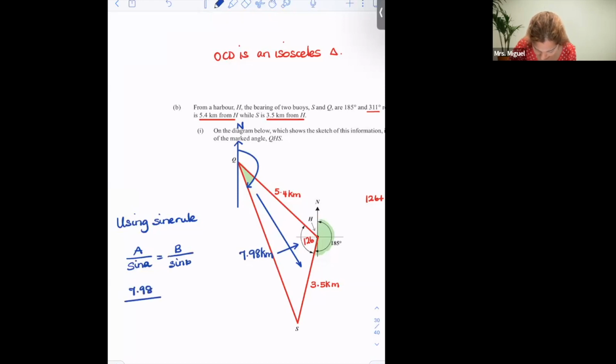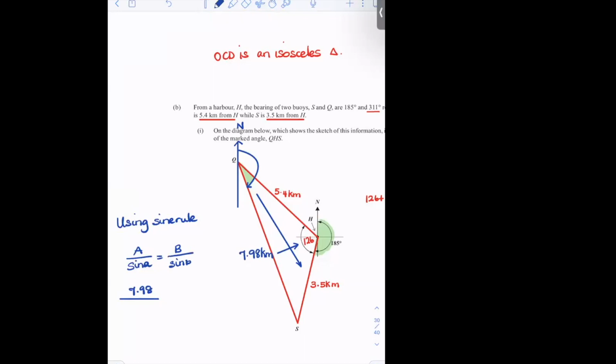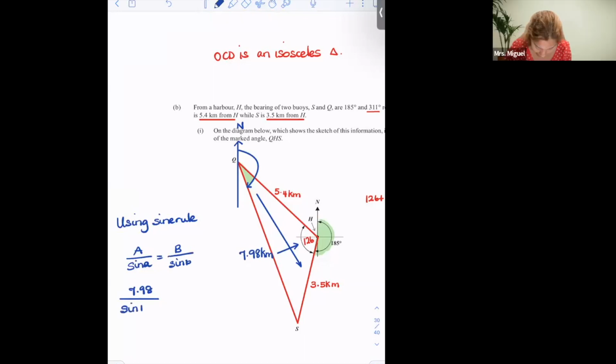What is the angle opposite A? 126. So 7.98 over sine 126 is equal to 3.5 over sine of Q.